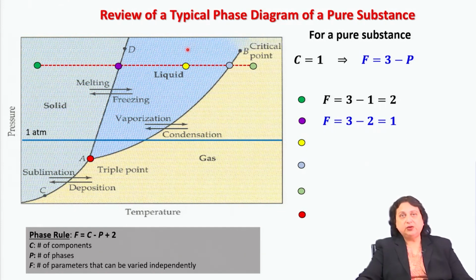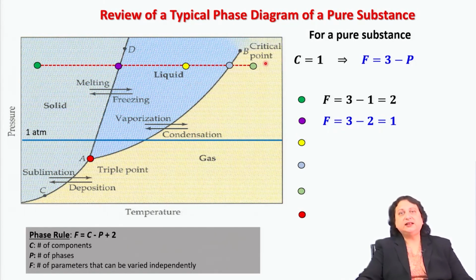Now, let us have a look at this yellow point. This yellow point is present within this blue region, which is indicative of the presence of one single phase, which is the liquid phase. And here therefore, p is equal to 1.